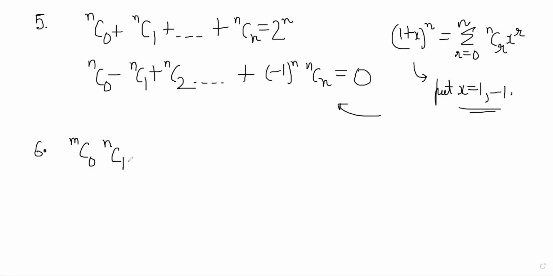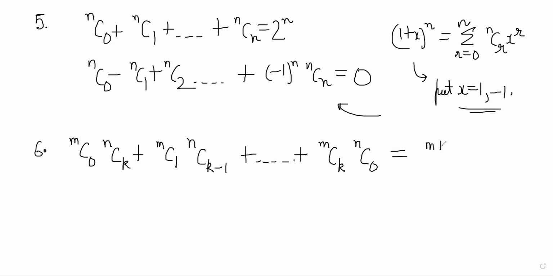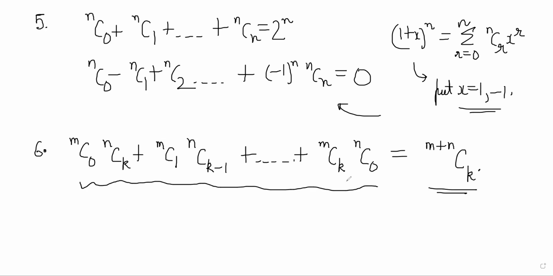mC0 nCk plus mC1 nCk minus 1 and so on till mCk nC0 will be equal to (m plus n) Ck. So this is also a standard identity. It is known as Vandermonde's identity.